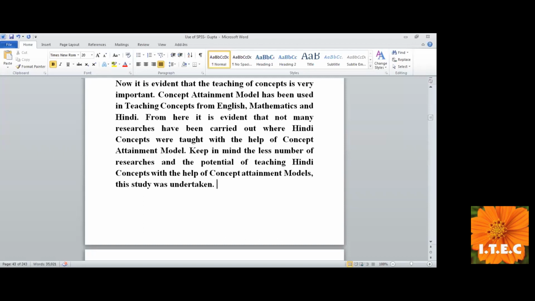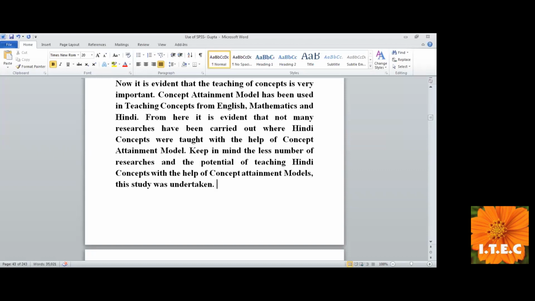And this rationale, you need not limit to 1 page, 2 pages, or 3 pages. Take as much space as required, but do not give information which is not relevant.